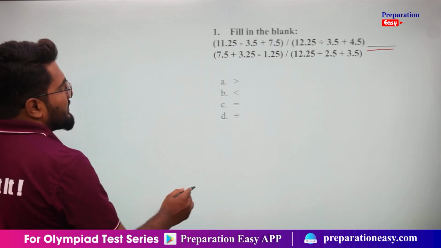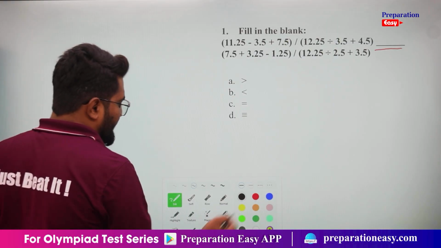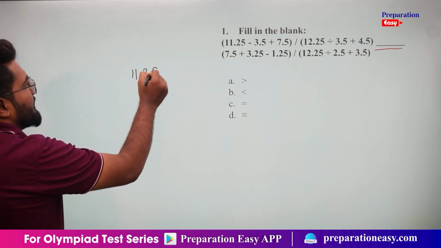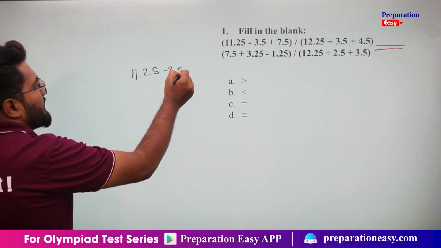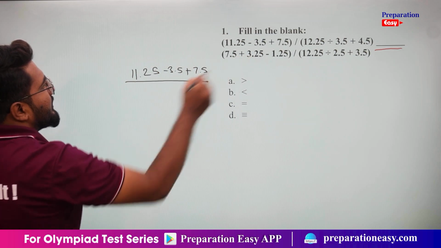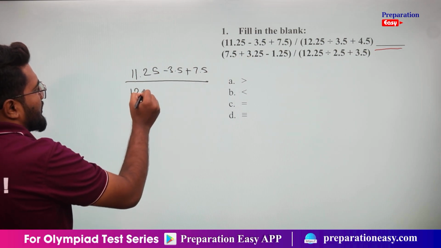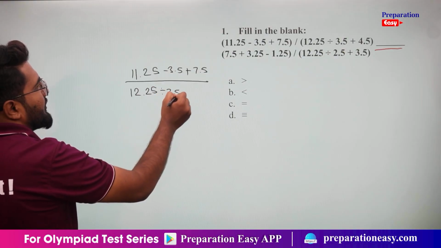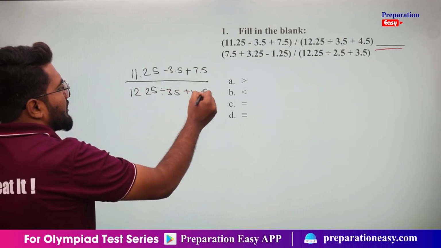First equation is 11.25 minus 3.5 plus 7.5 divided by 12.25 divided by 3.5 plus 4.5.